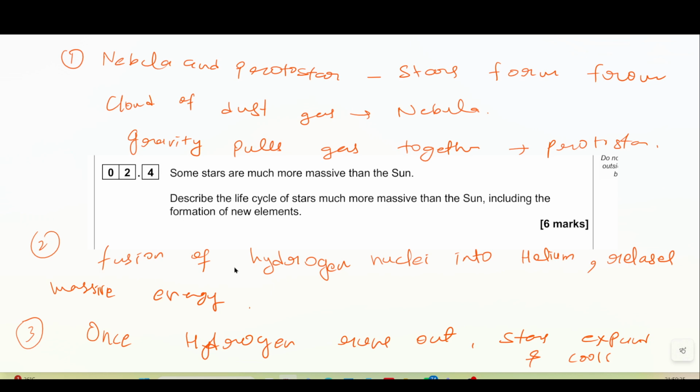Inside the core, helium nuclei fuse to form heavier elements up to iron.